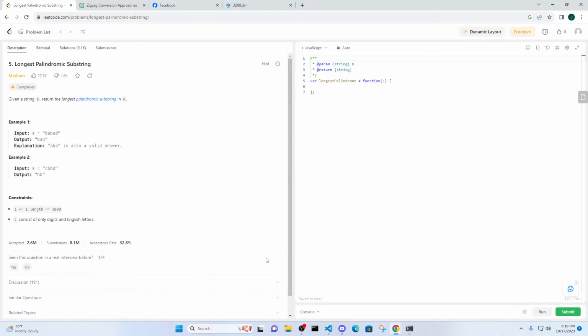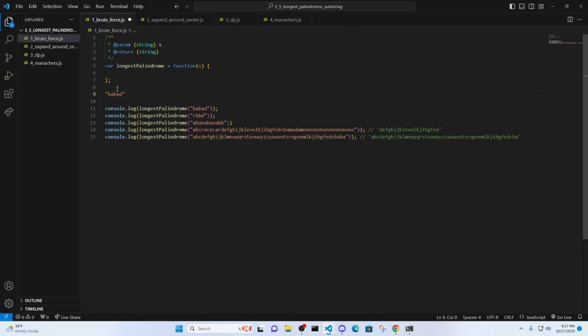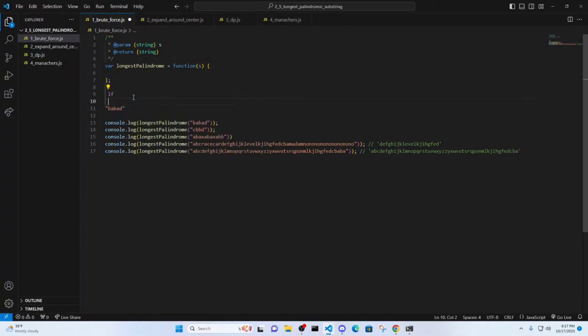And the first solution we're going to go through is just the brute force. In this one, basically what we're doing is checking, let me just take an example, if this is our string, we're going to have an I and a J. I is going to be the outer loop, J is going to be the inner loop.